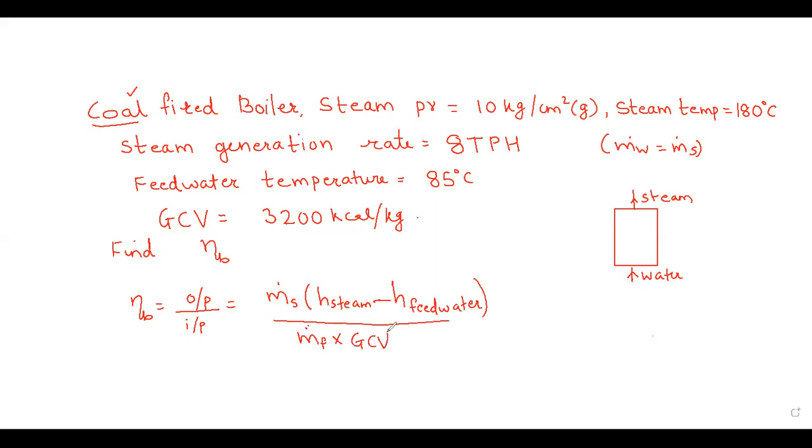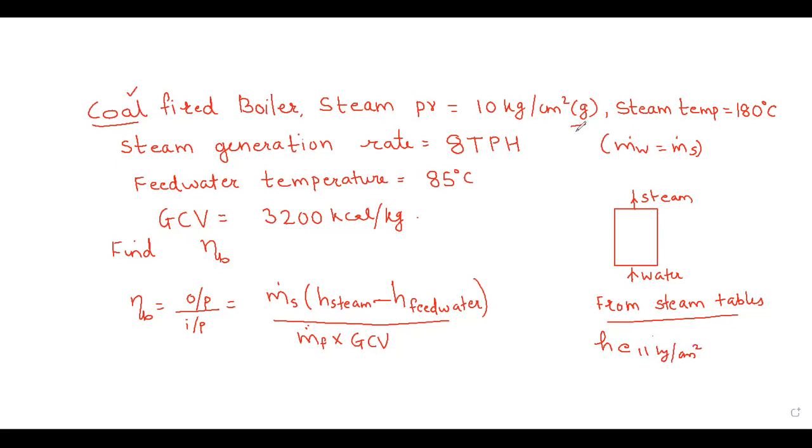So if you refer to the steam tables, which we have seen in a separate lecture on how to refer to the steam tables and get the enthalpy, we need to note down the enthalpy of the steam at 11 kg per centimeter square. Why have I written 11 kg and not 10 kg?